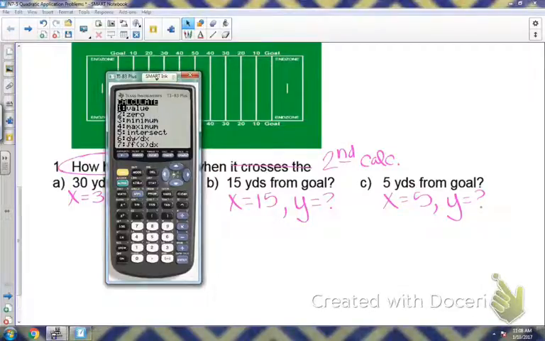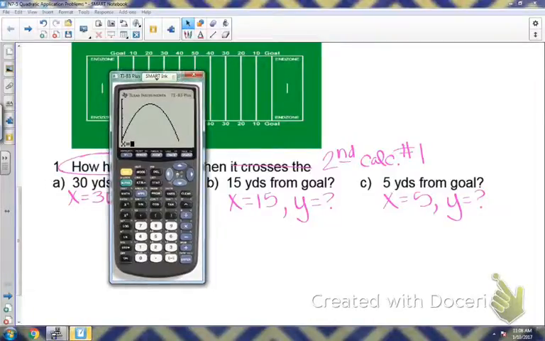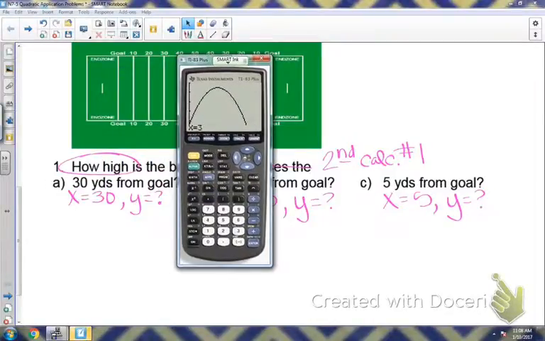And then we're going to go to number 1, which is value. If we just press enter there, it should say x equals and it should be blinking. We can type in any x value, so I'm going to say x is 30. Press enter, and then it tells you what your y is, and it actually also shows you on your parabola where it's located. So our y value would equal 35.25.